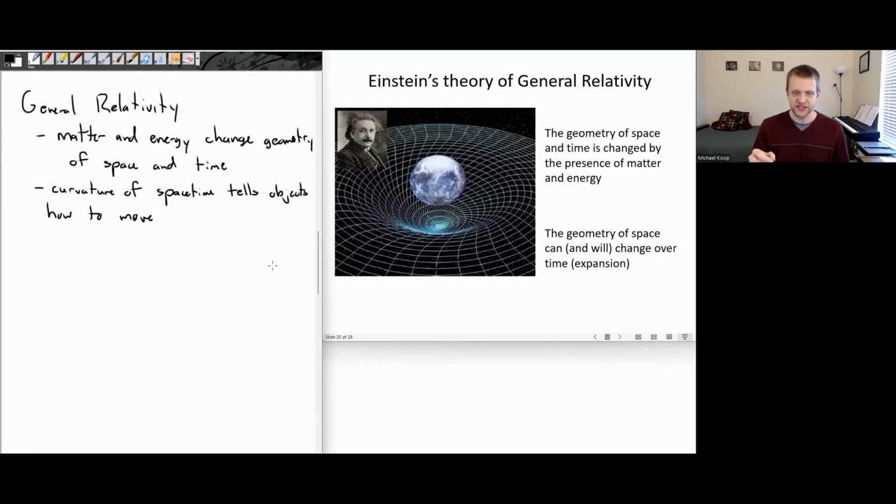The point that I want to make right now is that there are other ways for the geometry of space and time to be warped. And as a separate part of this, the geometry of space-time can and will change over time. This is what we talk about when we say the universe is expanding.